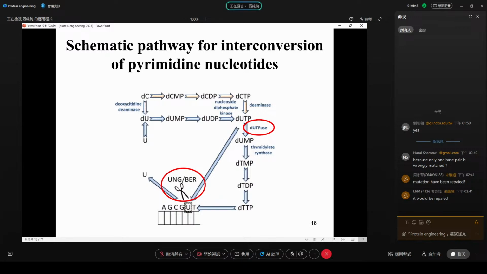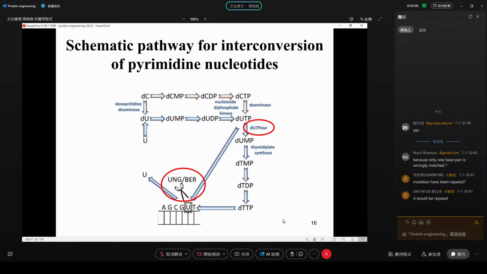Okay, when dUTP is terribly incorporated into the DNA replication, to avoid this kind of problem, they still have UNG, this kind of enzyme, right, to cut it out, this kind of misincorporation, to ensure all the DNA replication is correct.